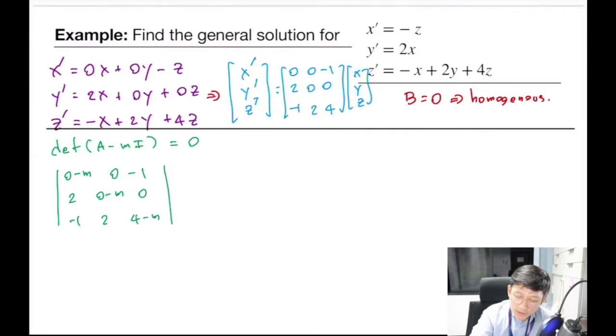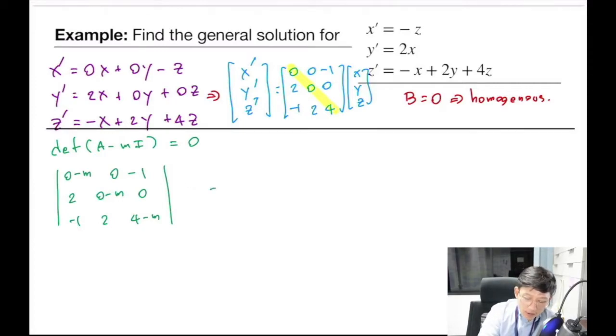Basically we subtract m from the diagonal, and we let this be 0.